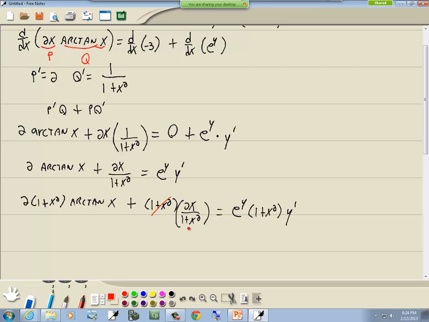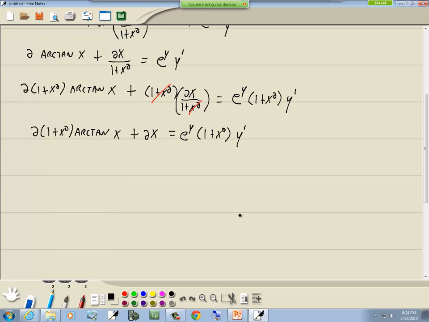When we do that, these 1 plus x squared are going to cancel. And we'll have 2 times 1 plus x squared arctangent x plus 2x equals e to the y 1 plus x squared y prime.